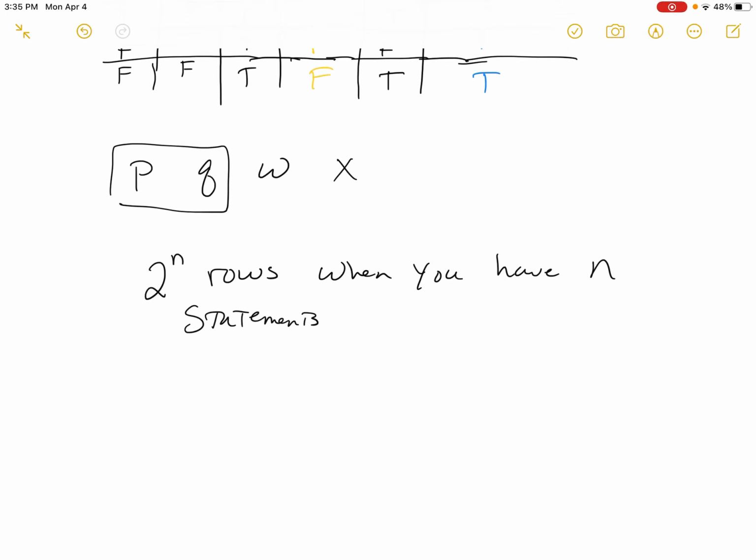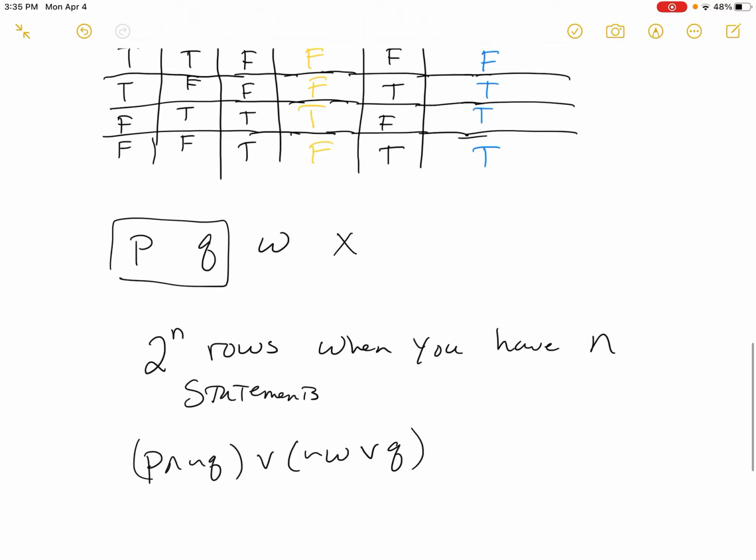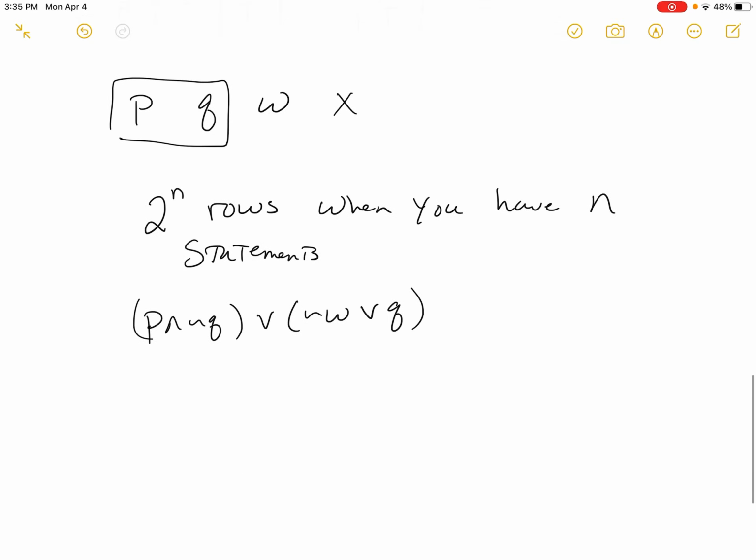So for example, if you saw P and not Q, or not W or Q, well, you may have a lot of columns in order to figure that out, but in terms of number of rows, the different statements are P, Q, and W. Those are the 3 statements that are involved. So we would have 2 to the 3rd rows needed, or a total of 8 rows needed, right? That's what 2 to the 3rd is.